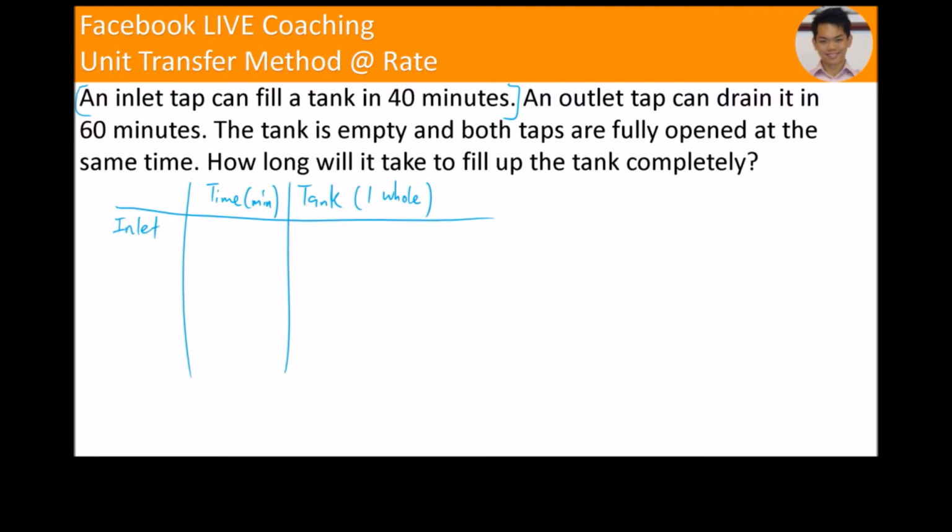For the inlet tap, it takes 40 minutes to fill up one entire tank. For the outlet tap, it can drain this tank in 60 minutes. Alright, is everyone following so far?